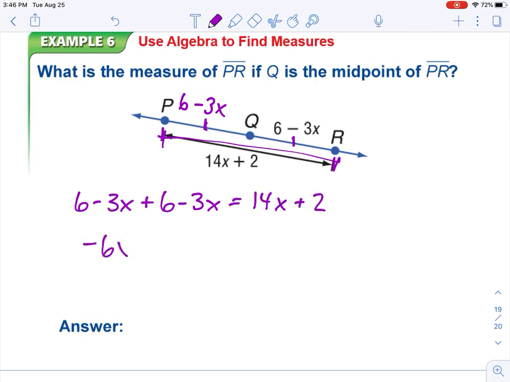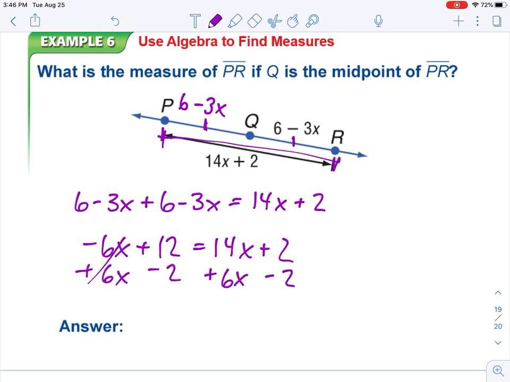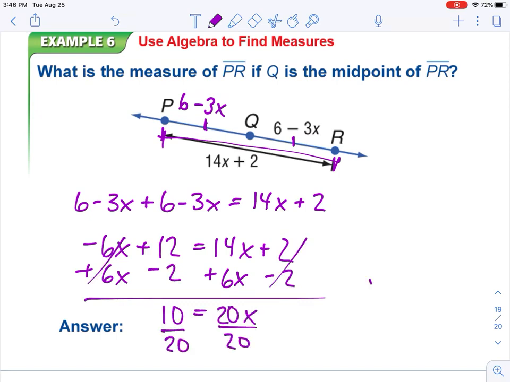Combine like terms. Solve for x. Some of your homework assignments will have decimals or fractions, just like here. X equals half. I'm not done yet though.